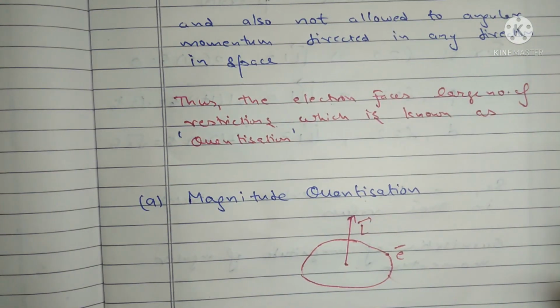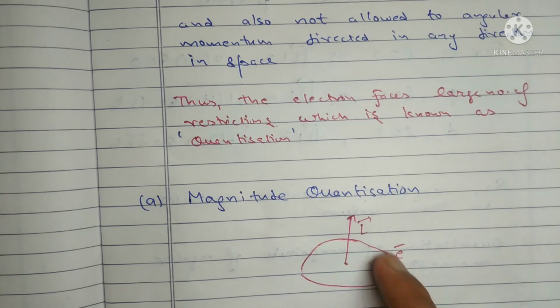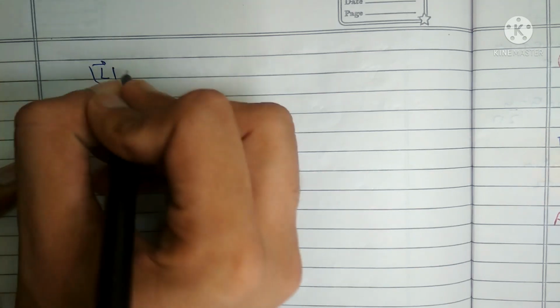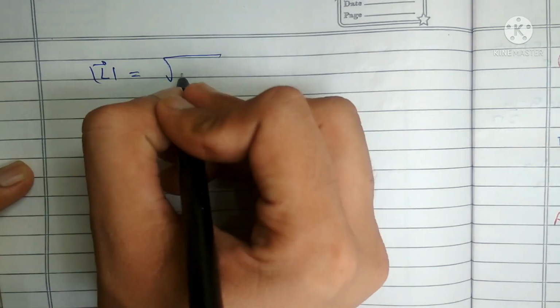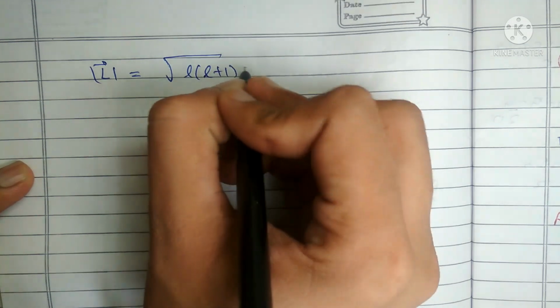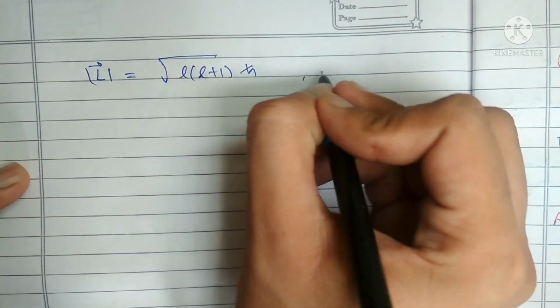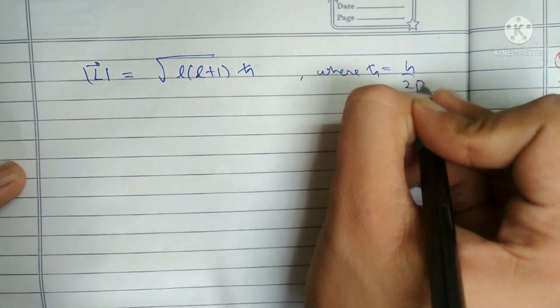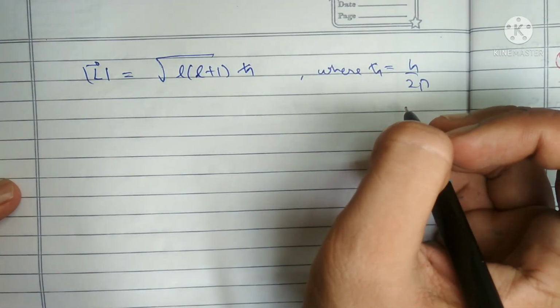Okay, now let us take an electron revolving around the nucleus and having an angular momentum L vector. Now, the magnitude of angular momentum is restricted by quantum mechanics, given by this equation. That is, the magnitude of L vector is equal to root of l(l+1) h cross, where h cross is equal to h by 2 pi and h is Planck's constant.